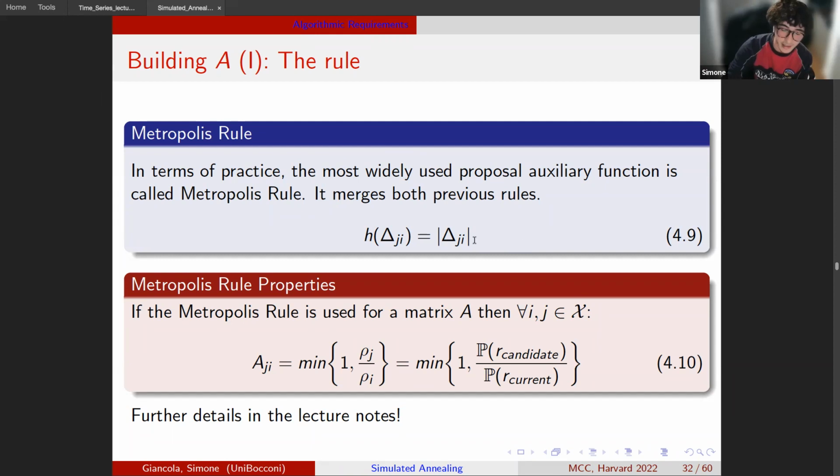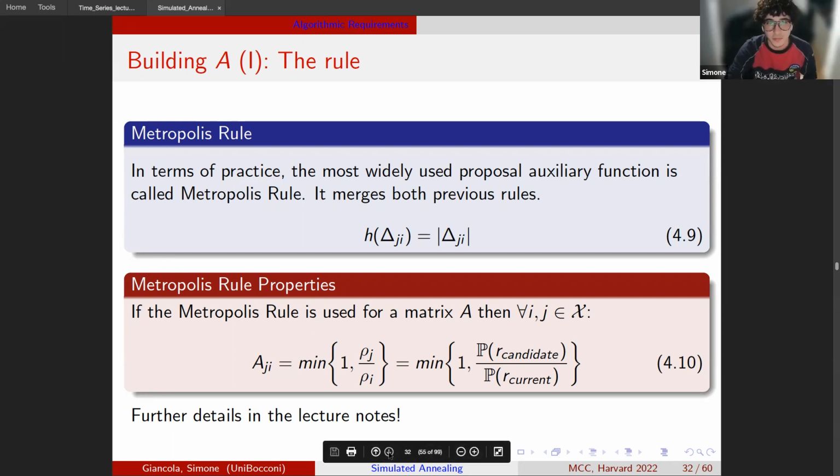And given this setting and these assumptions, we can just say that the acceptance matrix is going to be the minimum between 1 and the division of the two probabilities of the proposed state and the current state. This looks still difficult because how can we evaluate the probability of a given state if we have to sum over all possible states in the Z, which is the normalization factor?